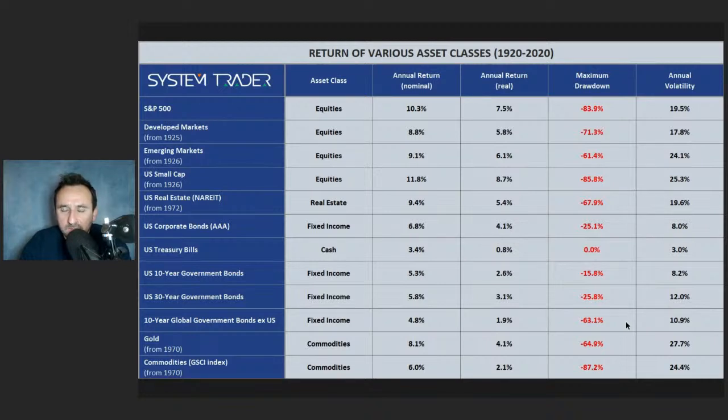The S&P 500, for example, in the last century, for the last 100 years, had an annual real return, meaning inflation adjusted, of around 7.5%. But the maximum drawdown, the maximum loss you would have to go through investing in such an index, is over 83%.